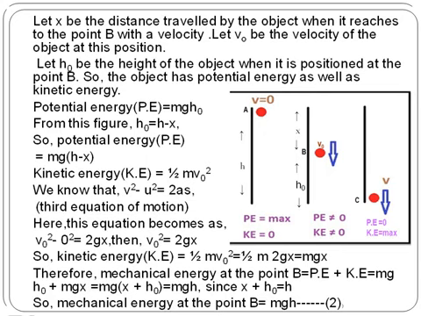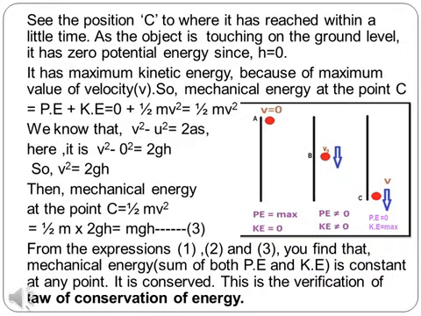Since x plus h0 is equal to h, the mechanical energy at the point B is equal to mgh, which is the expression 2, to where it has reached within a little time.